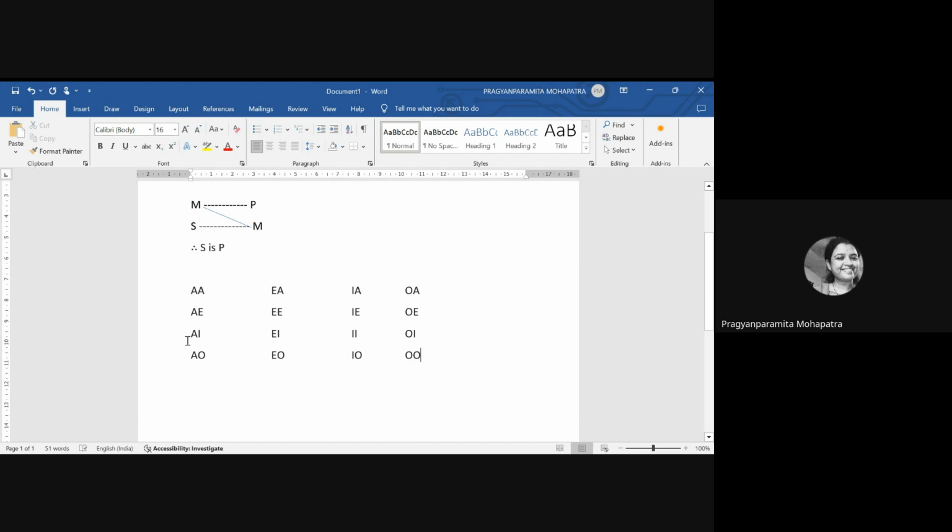First one, we know that if two premises are negative, no conclusion can be drawn. This is one of the rules. Yes or no? Yes. So as per the rule, we can reject this one.